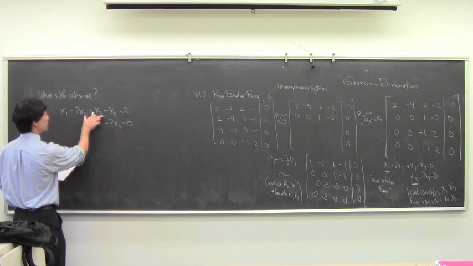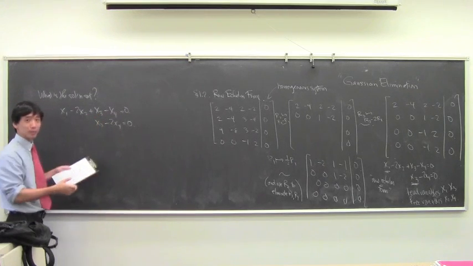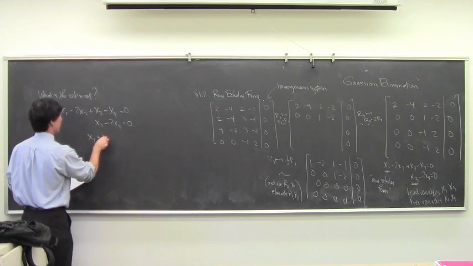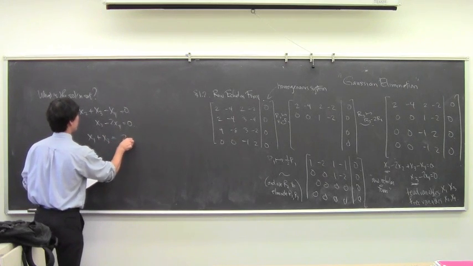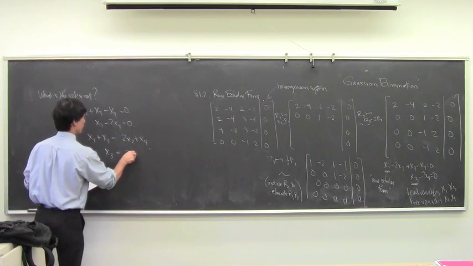The way one gets the solution set is to keep the lead variables on one side and move the free variables to the other. So you say x1 plus x3 equals 2x2 plus x4, and x3 equals 2x4.